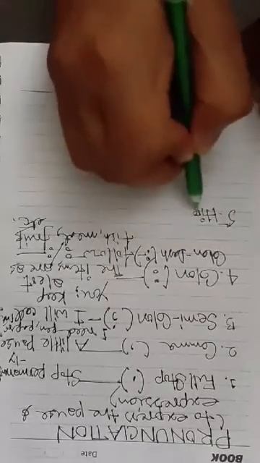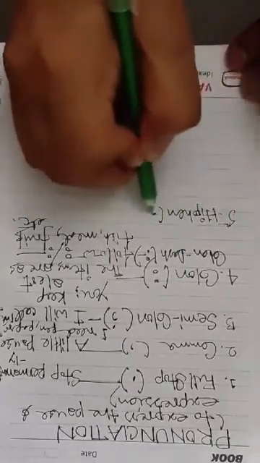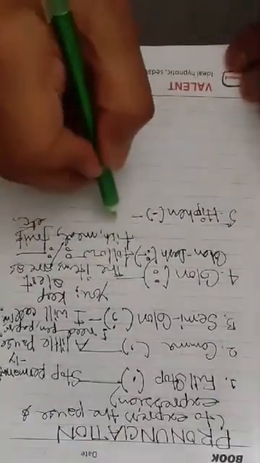Hyphen, do you know what is hyphen? Hyphen is a little bit dot, a little bit dash. Hyphen is usually used in compound words.